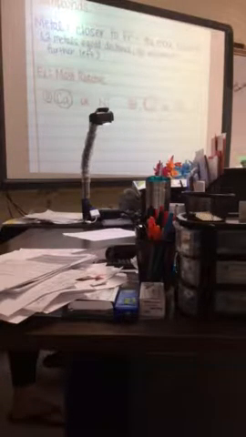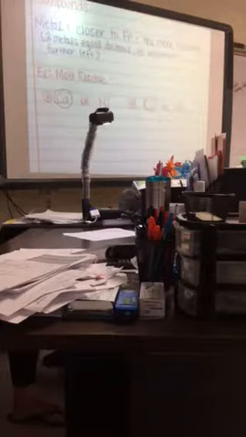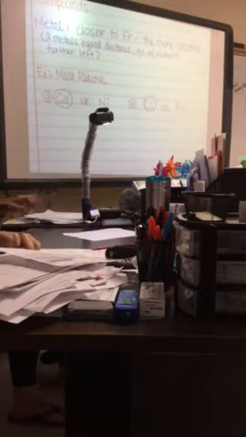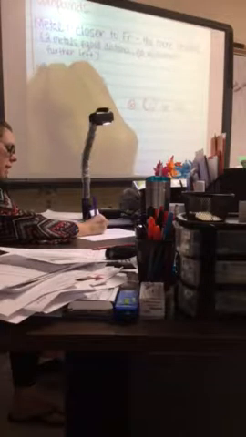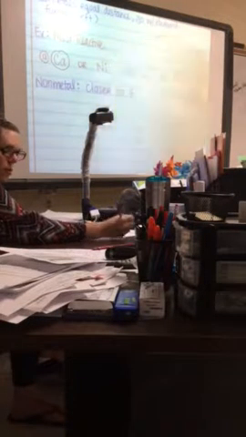Alright, so this is if we're dealing with a metal. So we have a different rule if we're dealing with a non-metal. So for a non-metal, the closer to fluorine, the more reactive.